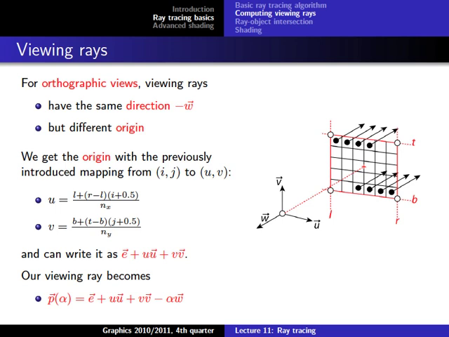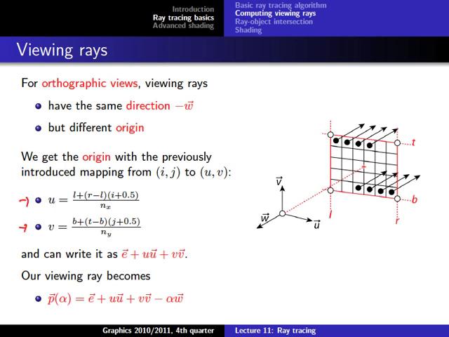But it also means, of course, that the origin is exactly the point that we were just specifying, because that was the point or the pixel position on the screen. So for each direction vector here, or for each ray here, we have a different origin, which is exactly the vector that we specified by u and v.